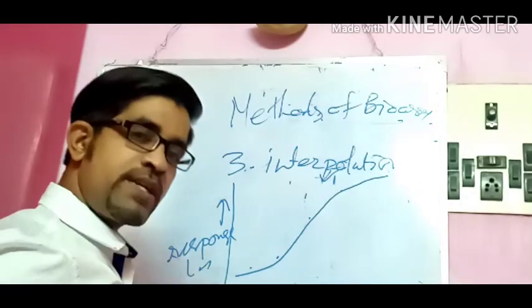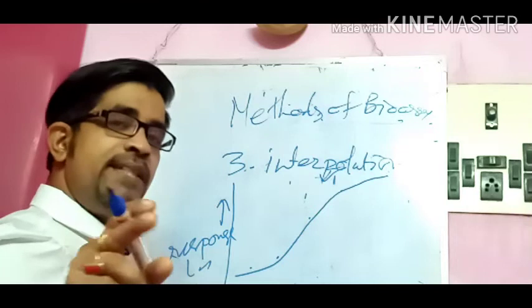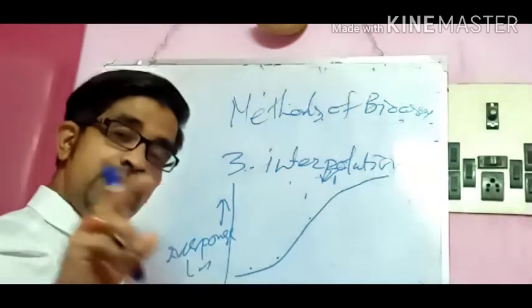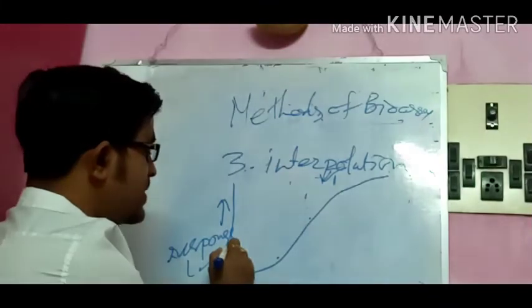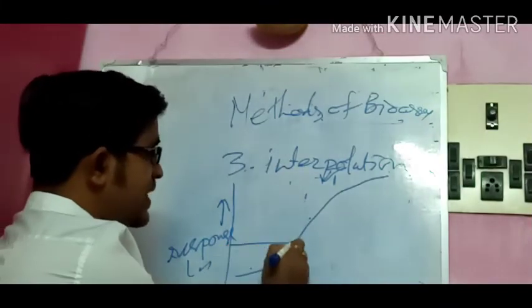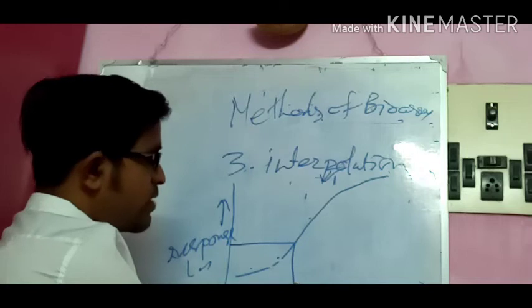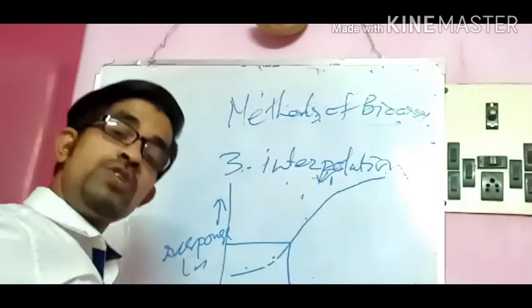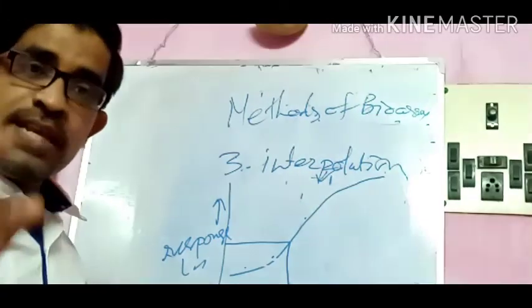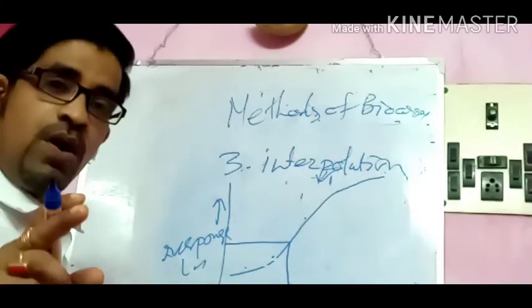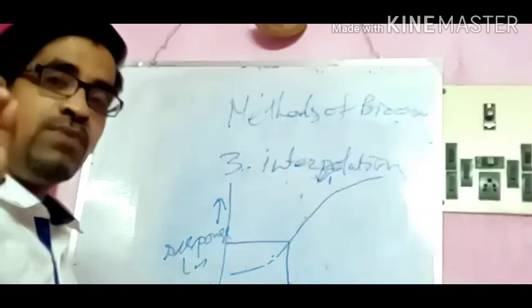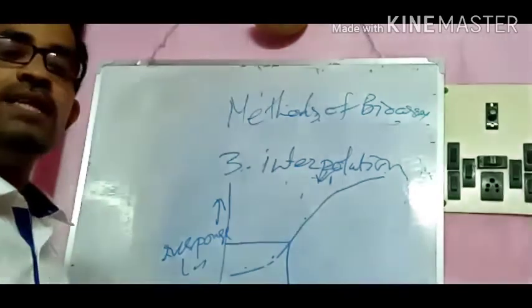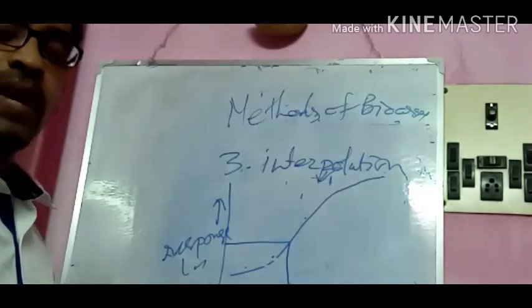On that sigmoid curve, the response length of your unknown is known to you. So suppose the response length of your unknown lies here. You intersect this response and come down, and you will get the concentration. Suppose the unknown response length you got in a particular sample or dose was 0.1 ml.